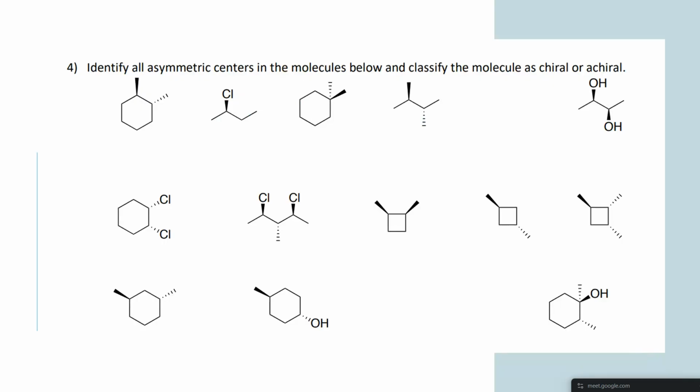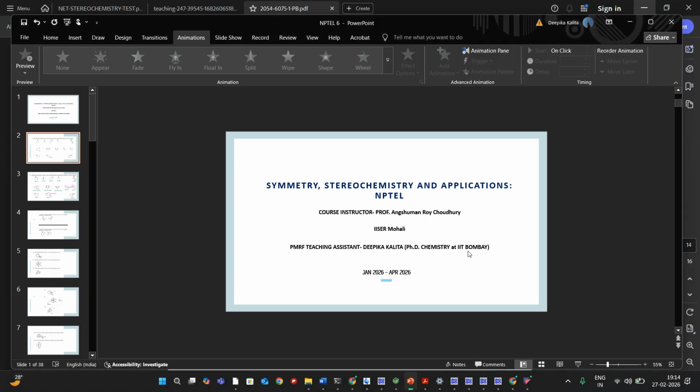You must know that it is not necessary that if a molecule has a chiral center, it will be chiral as a whole. Because when it comes to meso compounds, we have chiral centers present, but the compounds as a whole are not chiral. So whenever there are meso compounds present, we have to be careful. Let us go one by one and identify the asymmetric centers first, and then we will decide whether it is a chiral or achiral molecule.